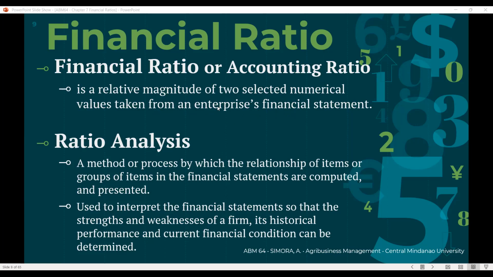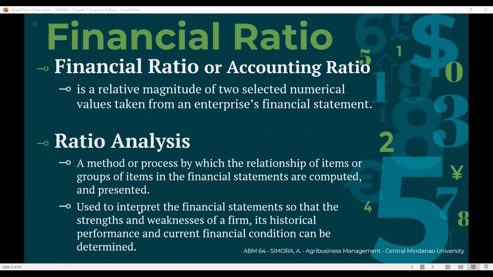So what are the relationship between two values? So ratio analysis is a method or process by which the relationship of items or group of items in the financial statements are computed and presented. So ratio analysis again is a process in which we'll know how this relationship between values are presented and computed.